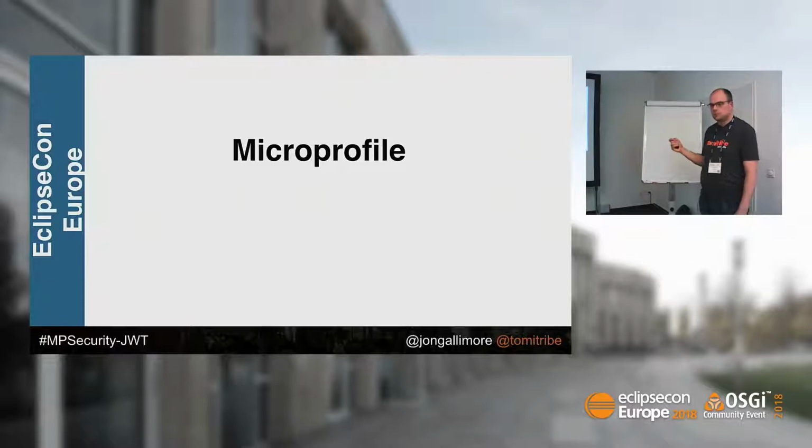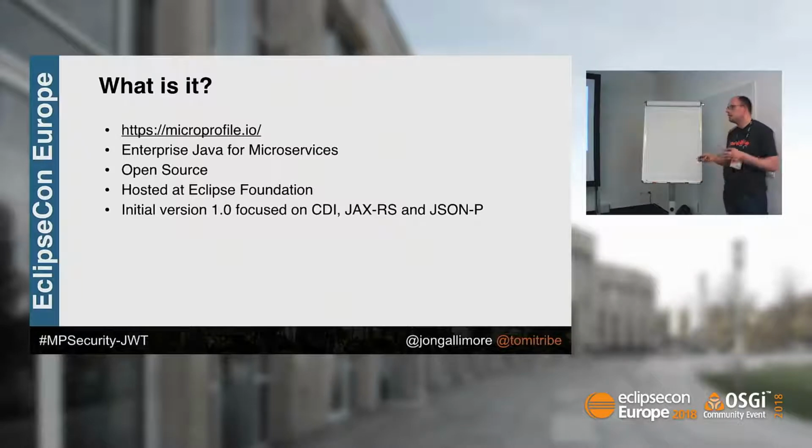So who's familiar with MicroProfile in the room? Handful of people. Okay. So MicroProfile is a set of specifications. It lives at the Eclipse Foundation, and it's been going on for about 1.5 years, 2 years. The idea behind it is to provide something that's got quite a rapid release cadence.